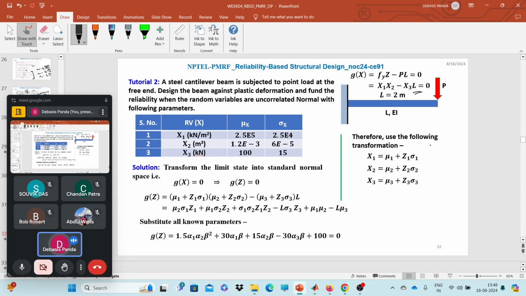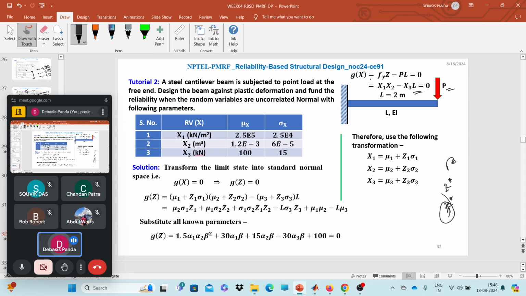How can we find them? You just solve this problem using the Rackwitz algorithm, find the optimum beta, find the z star points and find the x star points. These x star points are your design points. Clear? Yes. We will see for this problem, we have a cantilever beam and one point load is acting on the free end.